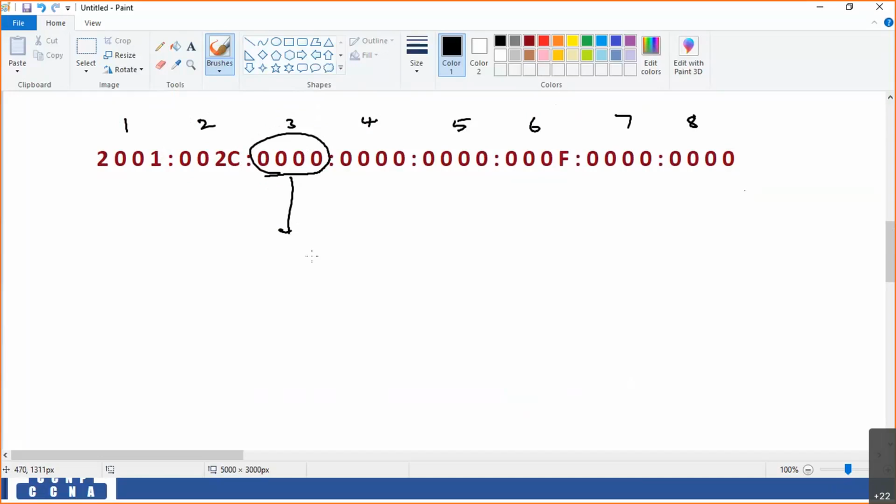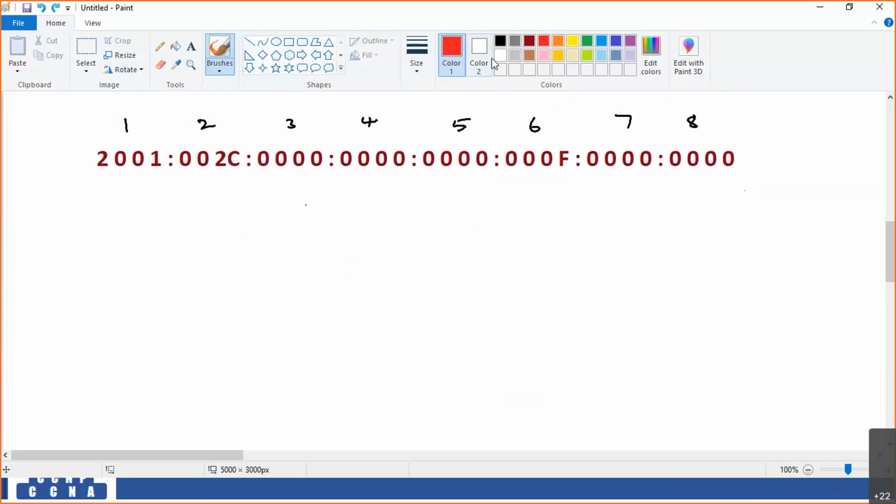So these are the 2 basic rules. I repeat, rule number 1: leading zeros are omitted. Rule number 2: 4 successive zeros are substituted with 0. Is it clear, everyone? Now, how can we represent this with zeros omitted and substituted with a single zero?